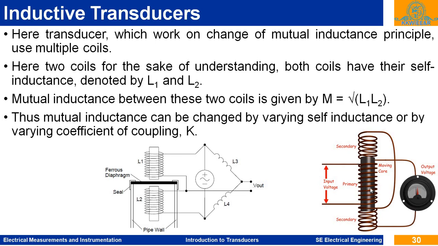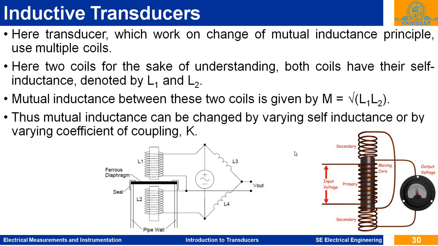When it moves in the upward direction, it will give a positive voltage. When it moves in the downward direction, you will get a negative voltage. This secondary winding is equally divided into two parts to measure the plus minus displacement of the tool post.